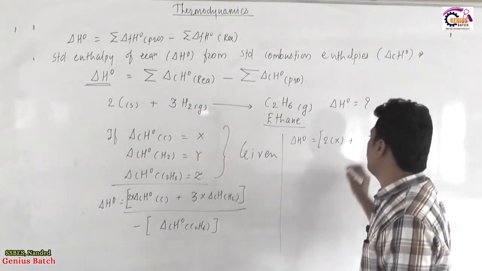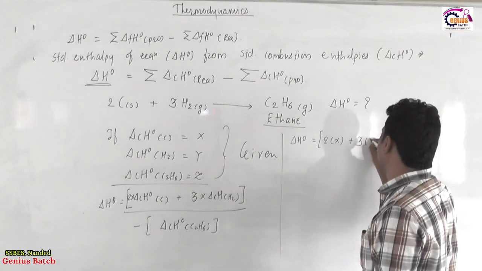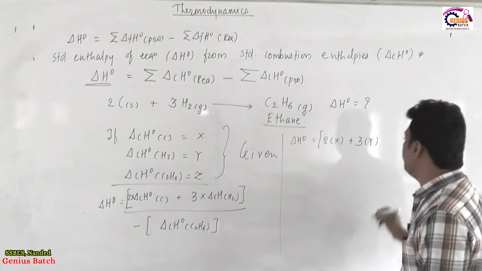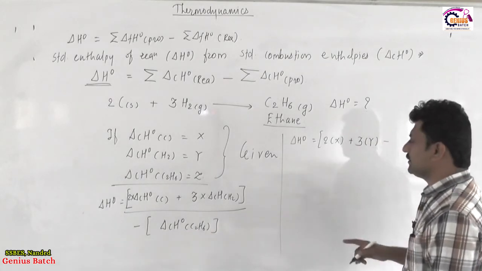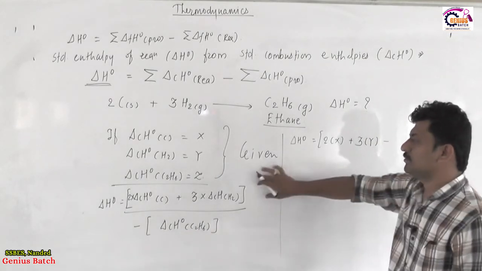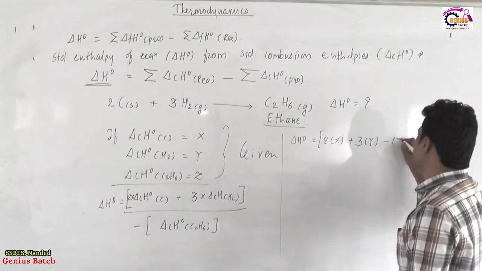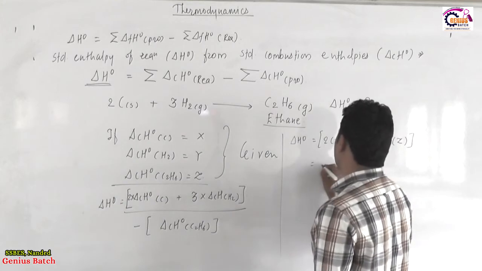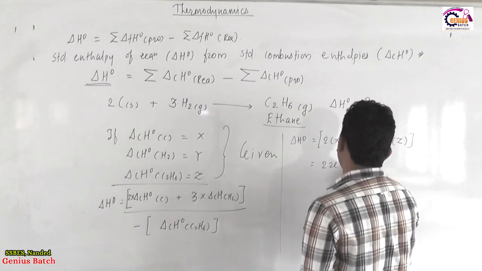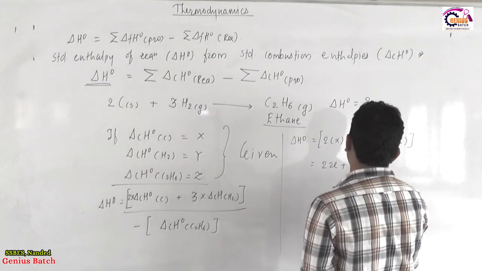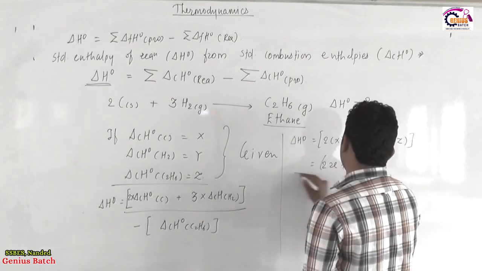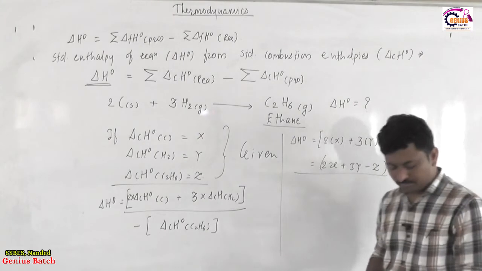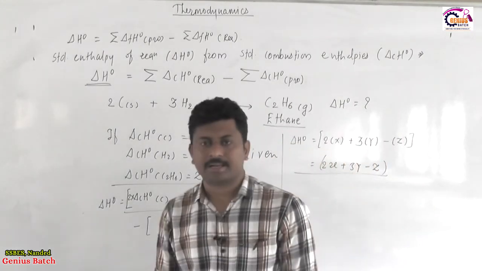So 3 times of y, 3 into y minus combustion of C2H6, delta CH0, C2H6 Z. So it is Z. Finally it becomes 2x plus 3y minus Z, and this will be our answer. Enthalpy change for the given reaction.